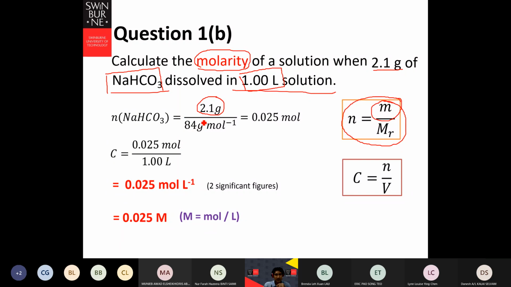So in 2.1 gram, there will be 0.025 moles of sodium hydrogen carbonate, or sodium bicarbonate, both are the same thing. And this is in 1 liter. Since it is in 1 liter, it is mole per liter, it's the molarity.